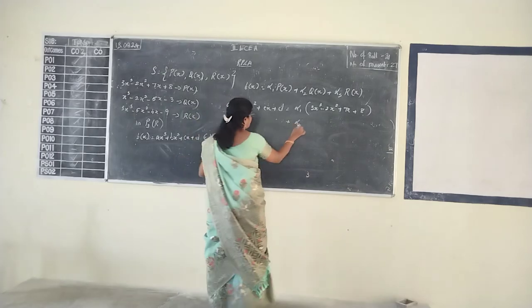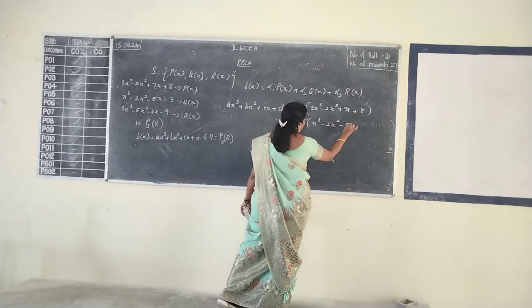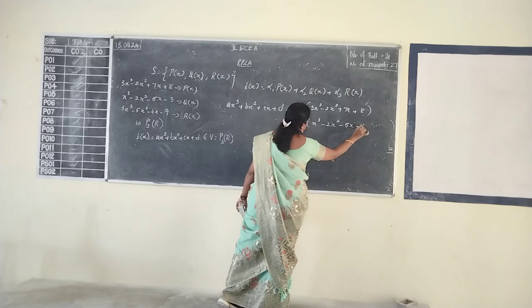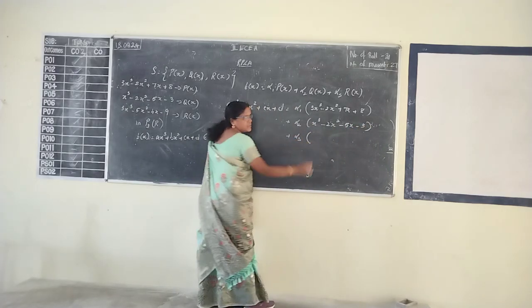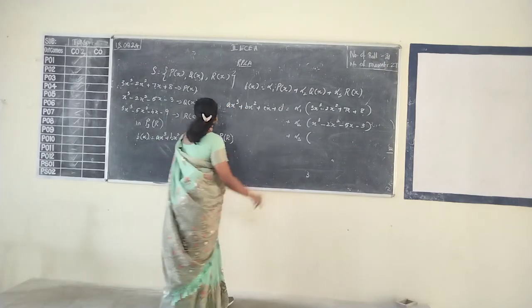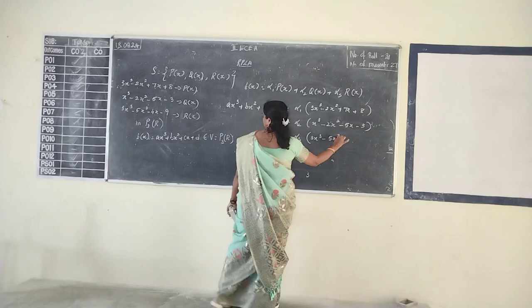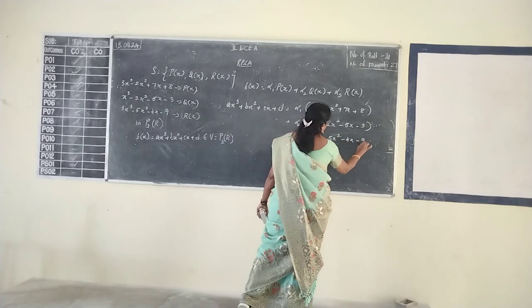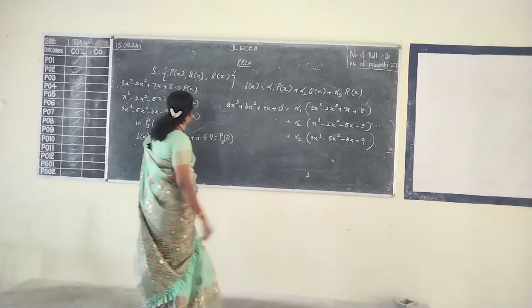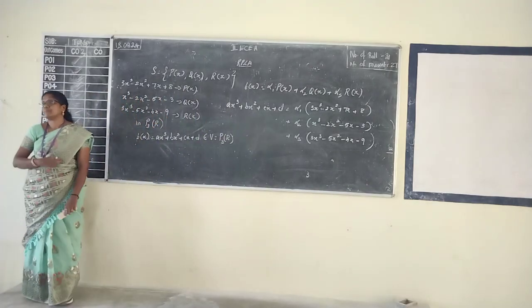So Q is x cube minus 2x square minus 5x minus 3, plus alpha 3 into R of x. R of x is 3x cube minus 5x square minus 4x minus 9. Just substituting here T, P, Q, R.